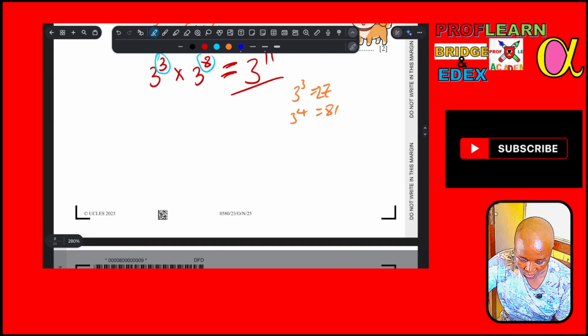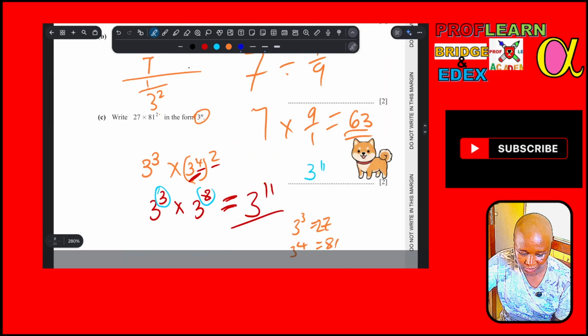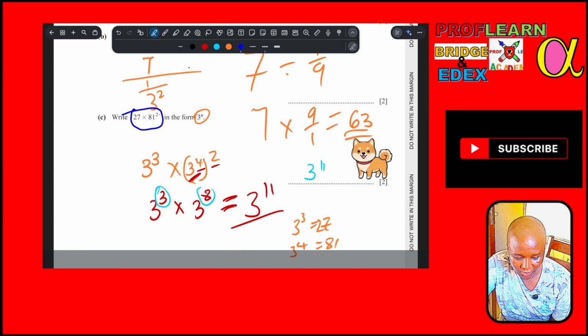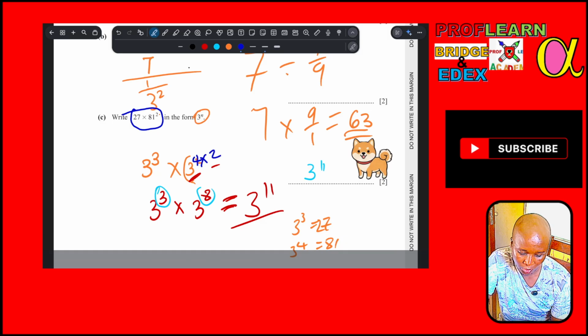Another question that also was tested is a question like this. They were supposed to find 27 times 81 squared. So what is the value of 3 raised to power n? What they were supposed to remember is that 3 raised to power 3 is 27 and 3 raised to power 4 is 81, which means that 4 times 2 gives us 8.